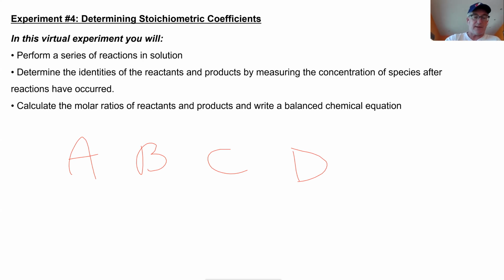And so we started by putting 25 mils of each one, or 10 mils of each one, the same volume of each one. And they were all 1 molar in concentration. So what would be the concentration of each one after we added them all together?